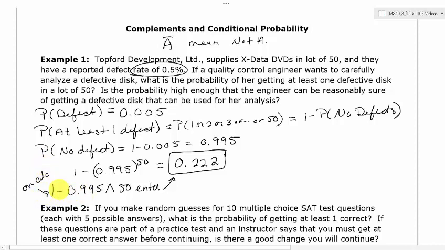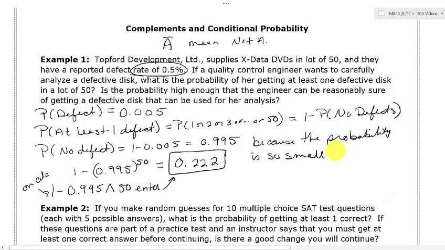Now the second part of this is: is this probability large enough that the engineer can feel pretty safe that she's going to find a defective disk to analyze? I would say because this probability is so small, the engineer should use more than one lot.